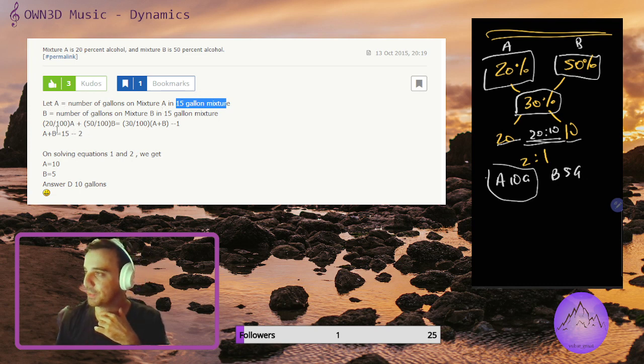So then they wrote out this whole equation, basically saying, okay, 20% A plus 50% B equals 30% of A plus B. Right, okay. So what they're talking about there is the fact that it's 20% alcohol.